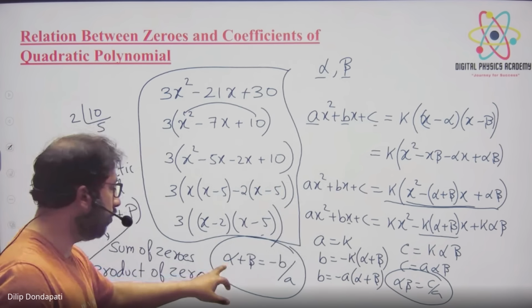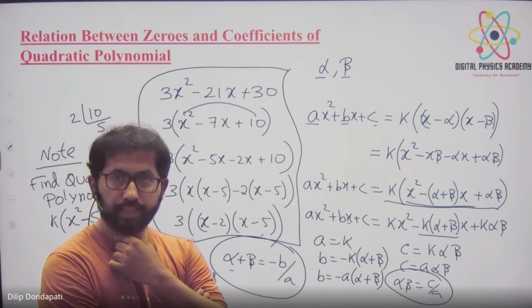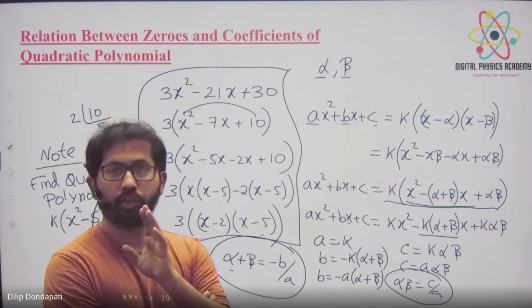What is the formula for the quadratic polynomial? K times of x square minus Sx plus P. S is the sum of zeros, P is the product of zeros.